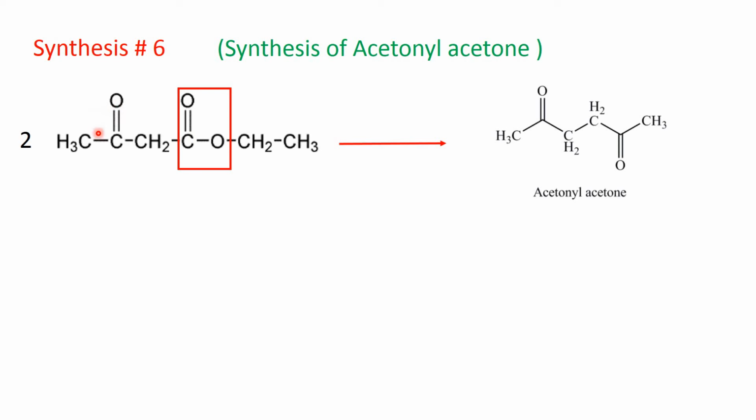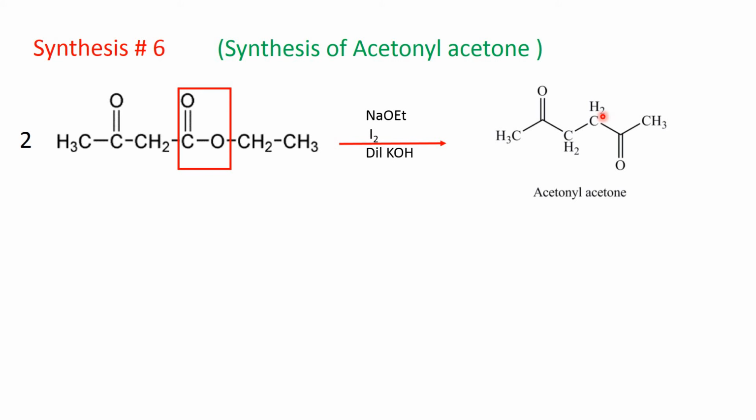Now, compare this part with your product, from which you can do the synthesis. Now, look at here, CH3COCH2. Already one part is in my hand, so exactly the same part is required. So, you have to take 2 molecules of ethyl acetoacetate.